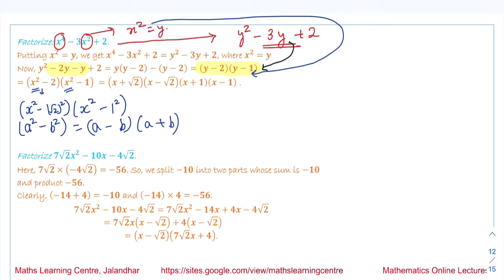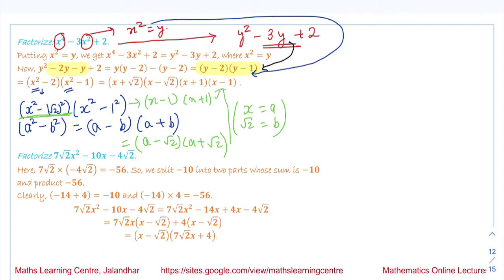So if I talk about this first term, x is equal to a and root 2 is equal to b. So the answer I will get is (x minus root 2) into (x plus square root 2), and the second term will become (x minus 1) into (x plus 1). So this is the final answer you will get in this case.